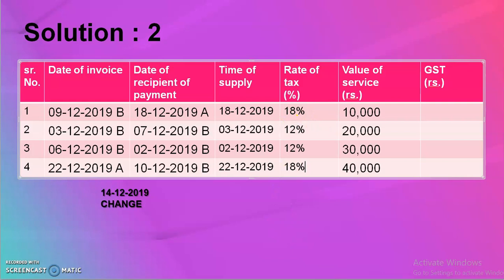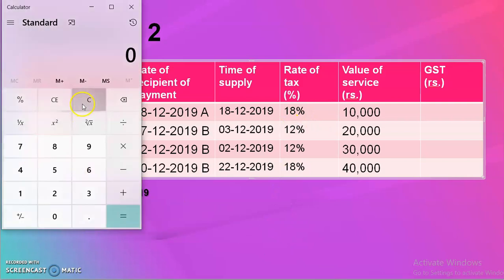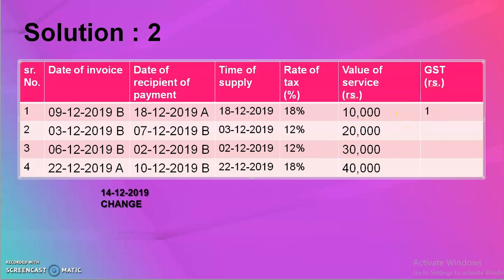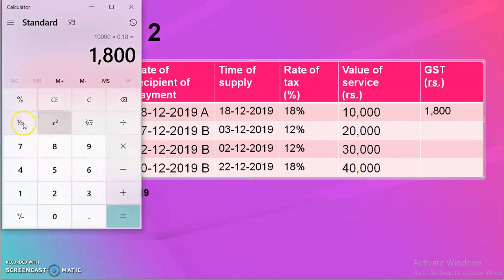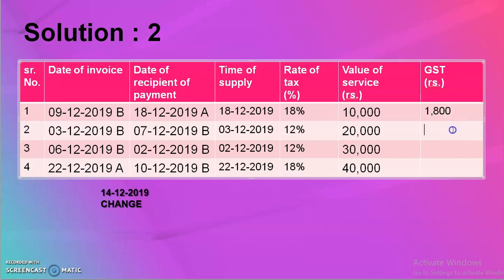10,000 will be multiplied by 18%. 10,000 multiplied by 18% is equal to 1,800. Same way we will go with next one as well, that is 20,000 multiplied by 12% is equal to 2,400.